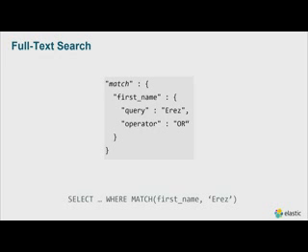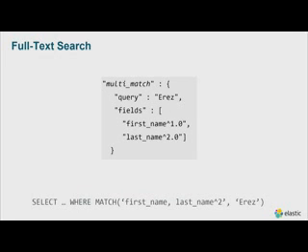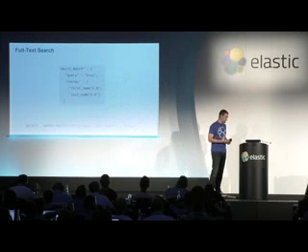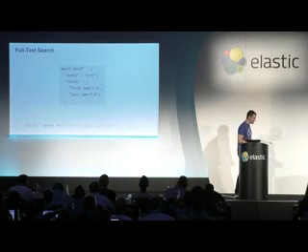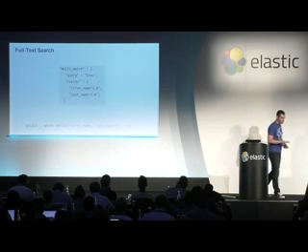But that also extends to the type of queries that we make. I mentioned full text search, and again, this is about expressiveness. So I'm doing a full text search on a field, namely first name. And because it's just one field, I can point that to a match. But if you use multiple fields, it ends up being a multi-match query. Now in SQL, the criteria, the query itself, didn't change too much, but the underlying query DSL did.